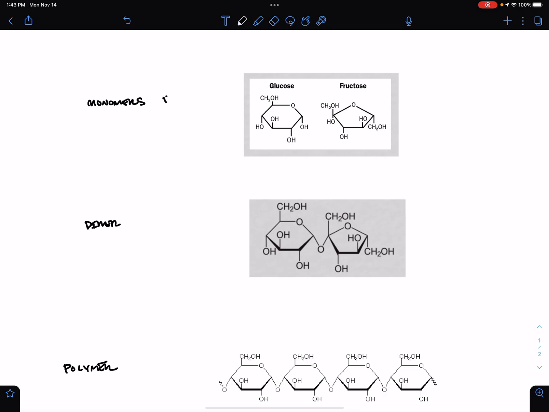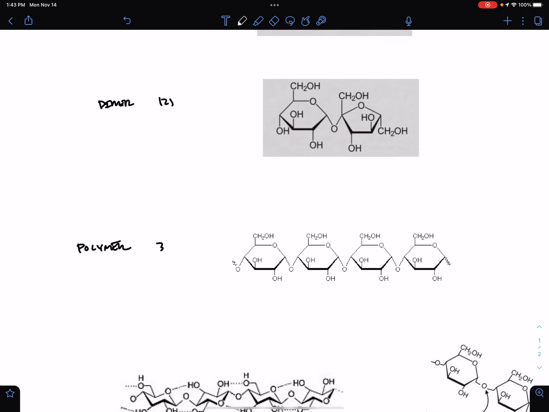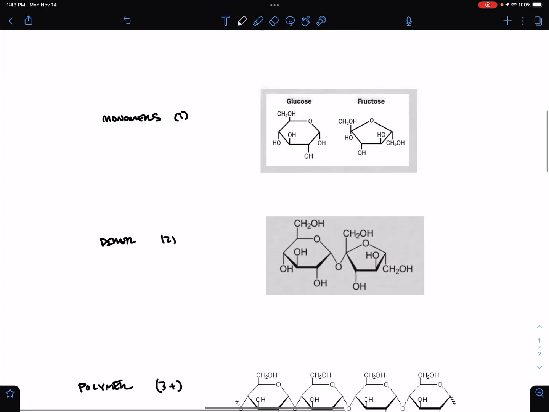So this is 1, this would be 2, and this would be 3 plus.